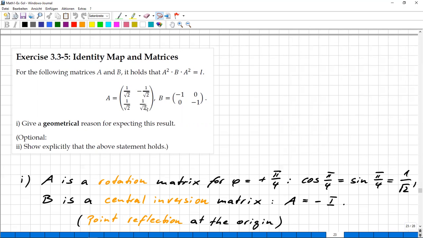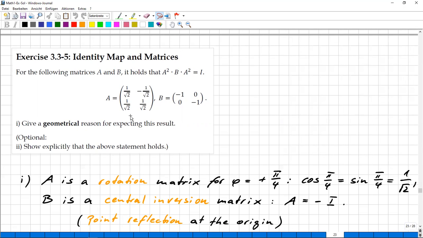And so if you look at this matrix A, you remember our last topic, it was about rotation matrices, and it's quite obvious that these are famous numbers which correspond to the sine and cosine of certain well-known angles.